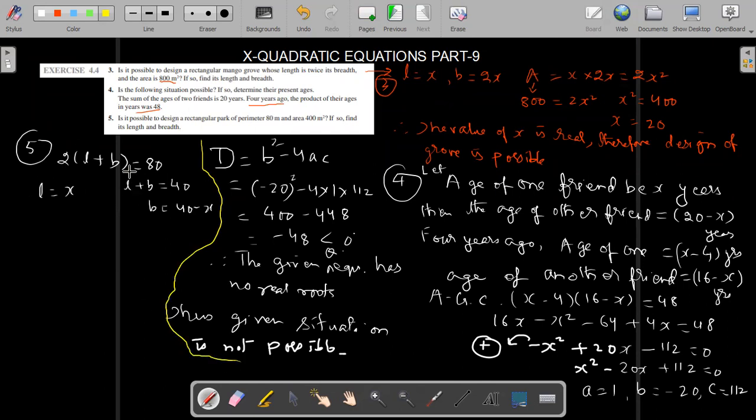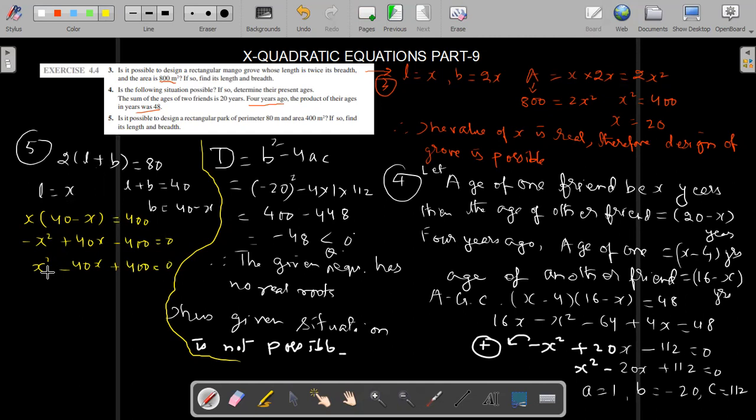And area is 400. So x into 40 minus x, length into breadth, is equal to 400. So we get minus x square plus 40x minus 400 is equal to 0, or x square minus 40x plus 400 is equal to 0.